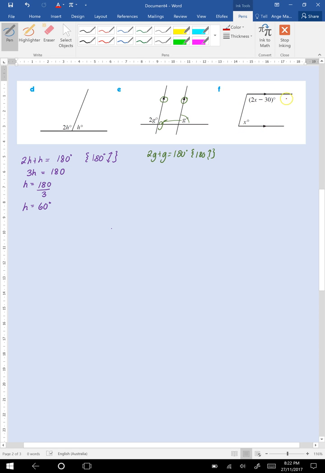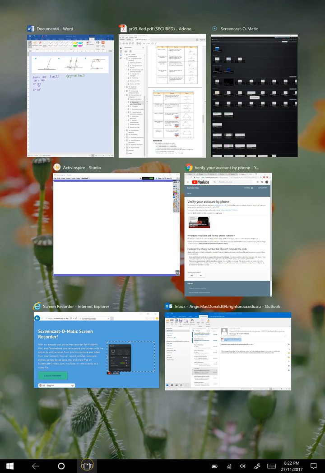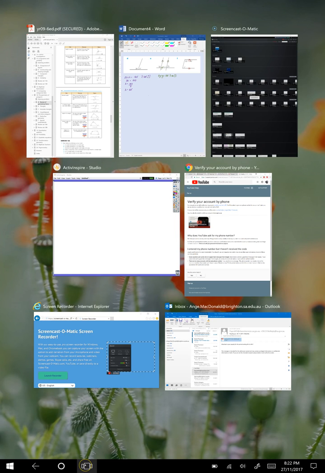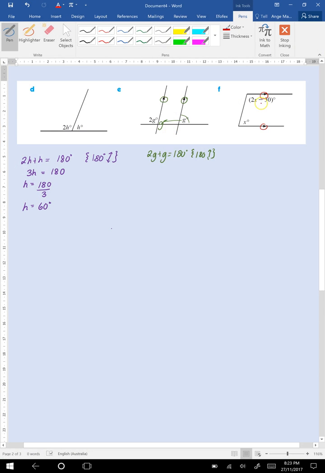Now what about this? Again, we look at the information that's given to us, the clues, if you will, and they're parallel. So you go back and we go, which theorem does that look like? And it's clearly this one, where we've got two angles inside parallel lines, and they say it adds up to 180. So that's exactly what we write. We say this angle plus this angle has to equal 180.